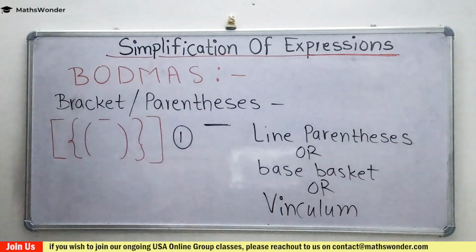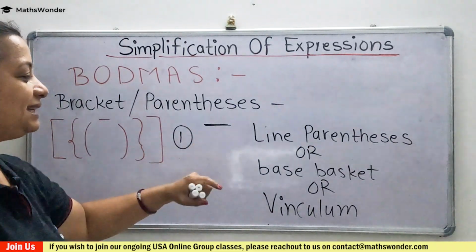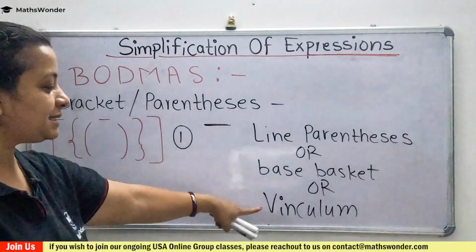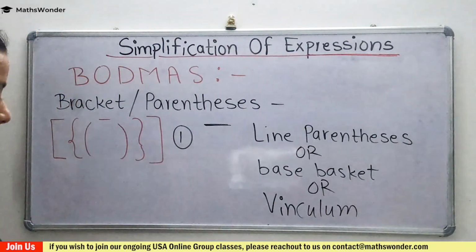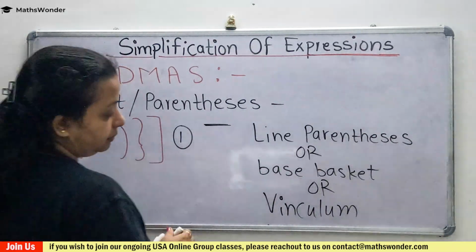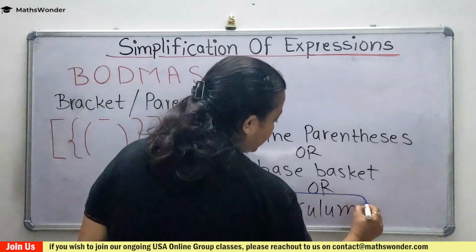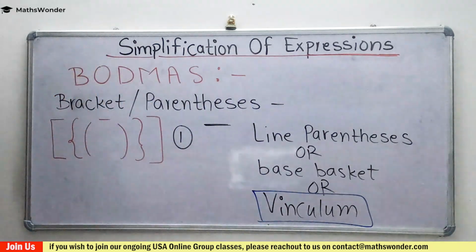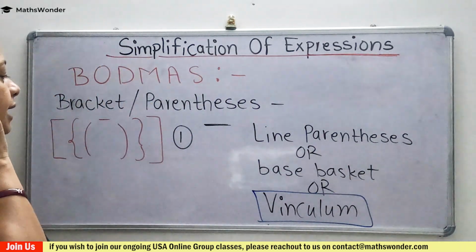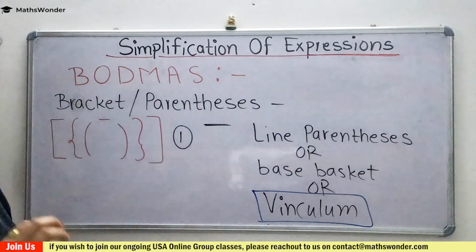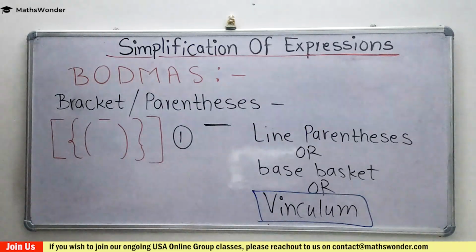This is the first time seeing that sign. Oh, so line parenthesis, you can say base basket, or you can say vinculum. In US, we are using the vinculum. So always remember the name of the parenthesis.